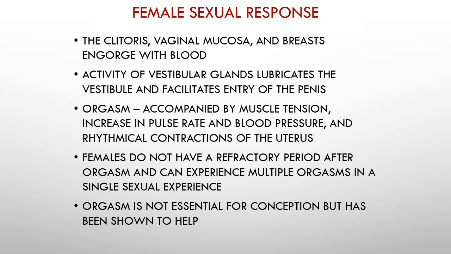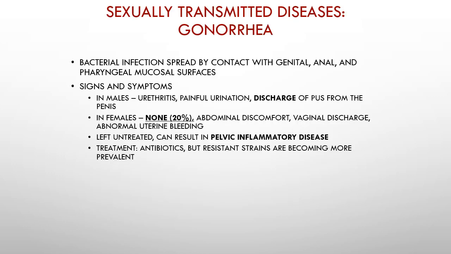And so it's not required in females. The female does not have a refractory period, so there's no change from parasympathetics to sympathetics in females. In terms of that, there can be essentially more than one orgasm throughout a sexual experience with a female rather than that of the male.